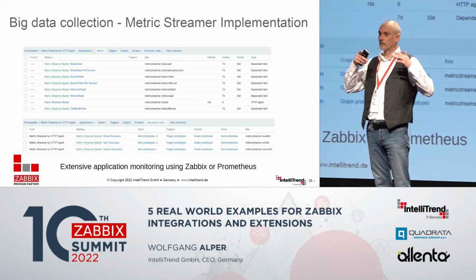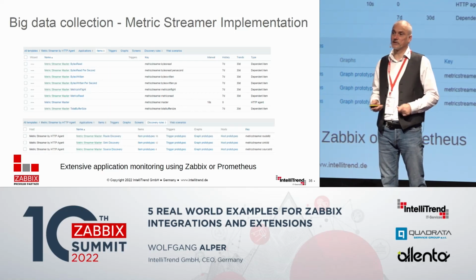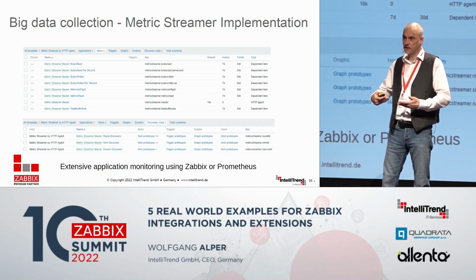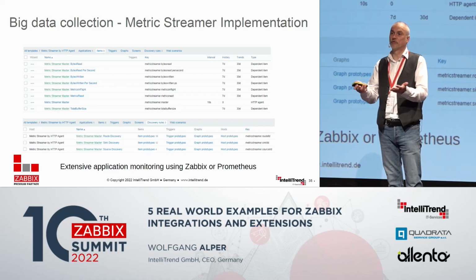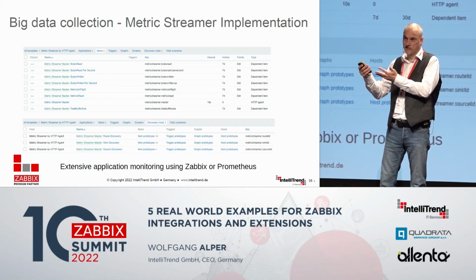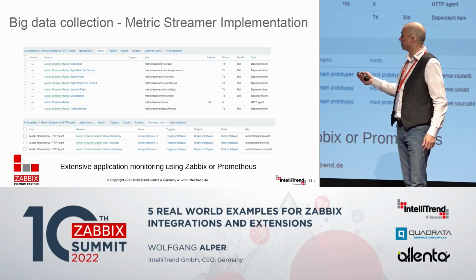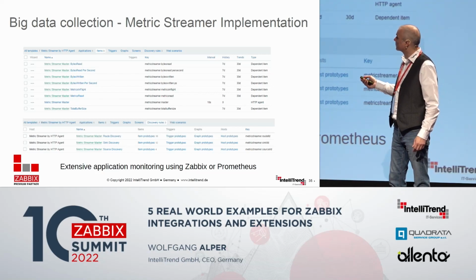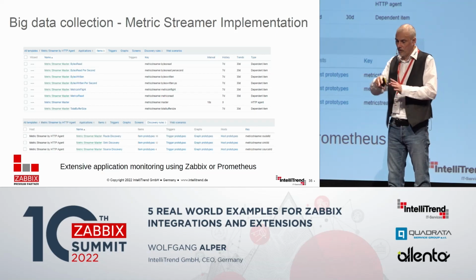I said on the first slide that there is the ability to monitor the performance of the application, very similar to, for example, how you would monitor Zabbix proxy performance or Zabbix server performance. So we do pretty much the same thing here. We have a template that defines some metrics, which are overall metrics.